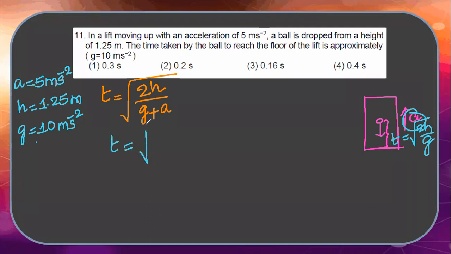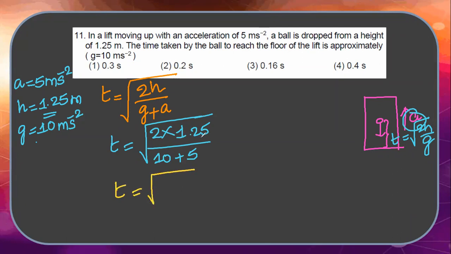Therefore t is equal to the square root of 2 into 1.25, the height they gave, divided by g, which is 10, plus the acceleration, given as 5. So 2 into 1.25 is 2.5, divided by 10 plus 5, which is 15. In 15, 2.5 cancels 6 times.